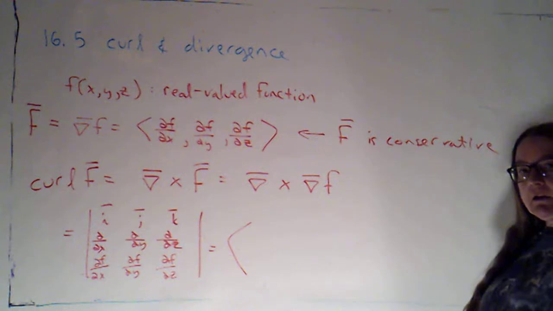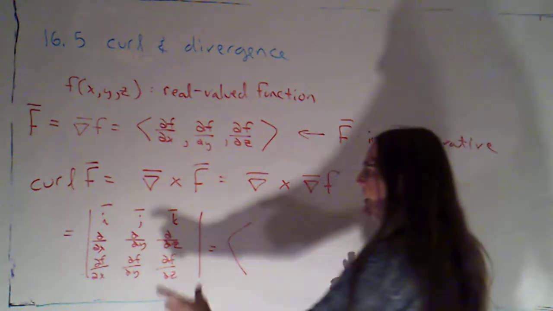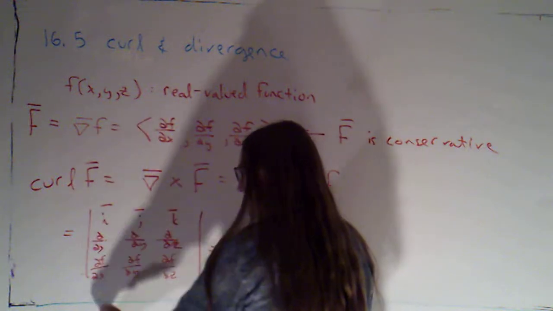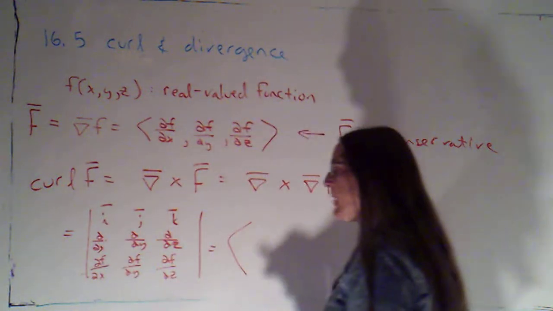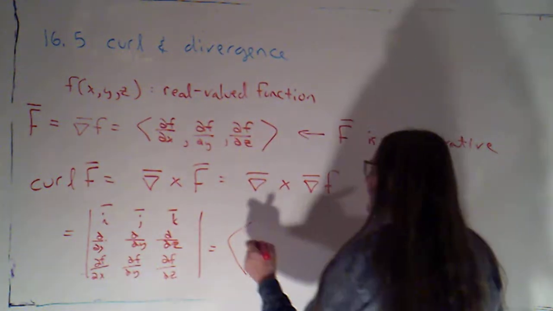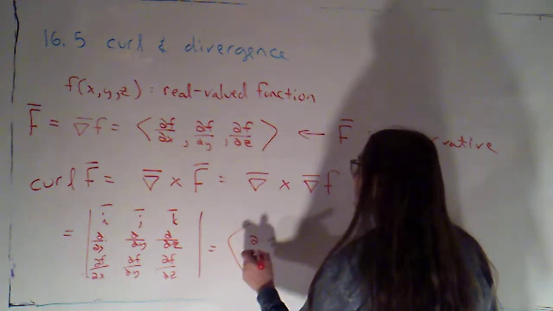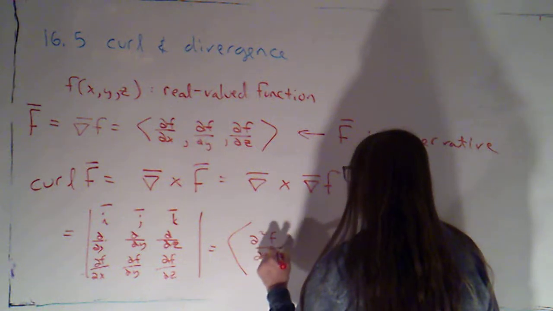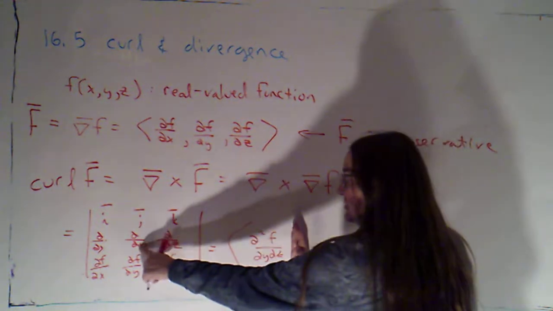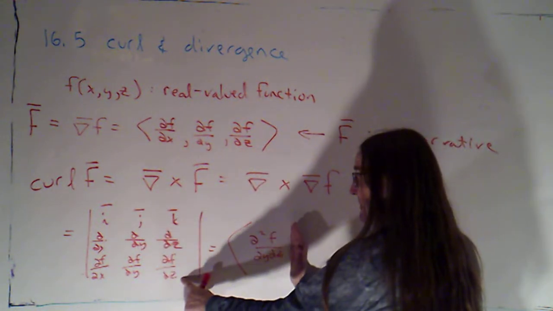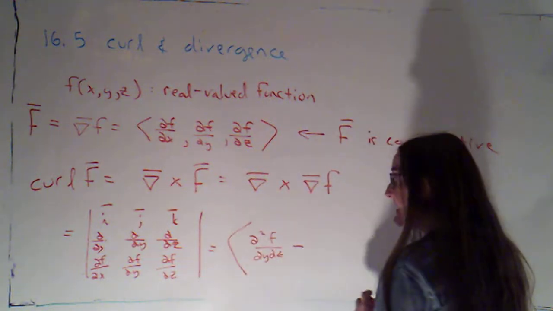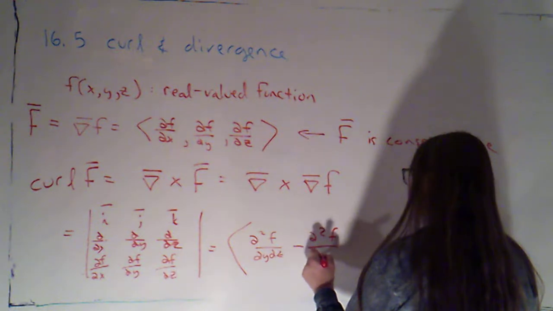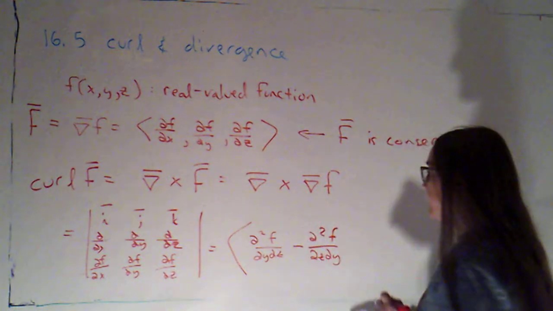So now when I calculate this, if I look at what I'm going to have in the first component, I cross off this row and column, and I'm looking at that 2 by 2 determinant, I'm going to get the partial squared f partial y partial z. I'm taking the partial with respect to y of the partial with respect to z, minus partial squared f partial z partial y.